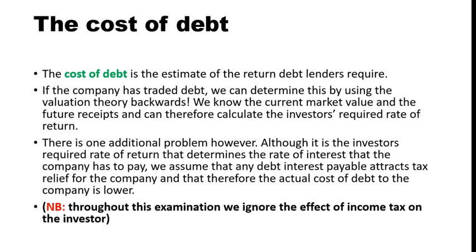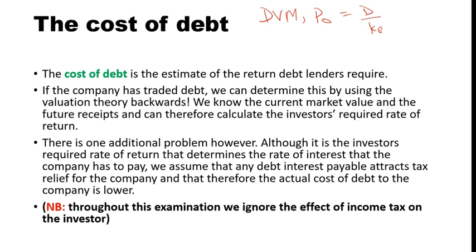If the company has traded debt, we can determine this by using the valuation theory backwards, as we did when we were calculating the cost of equity. Initially we had the dividend valuation model that gave us P0, and P0 was determined as D over KE, if you still remember.